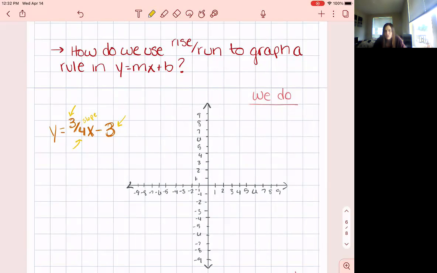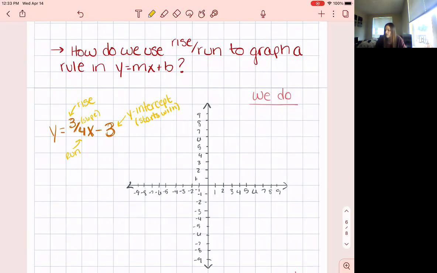So if we remember, the top part of the fraction is our rise, and the bottom part of our fraction is our run. We'll be able to graph that. And then I've also drawn a letter to our b, which we know is the Y-intercept. That's the new vocab, Y-intercept, which we also recognize as starts with.